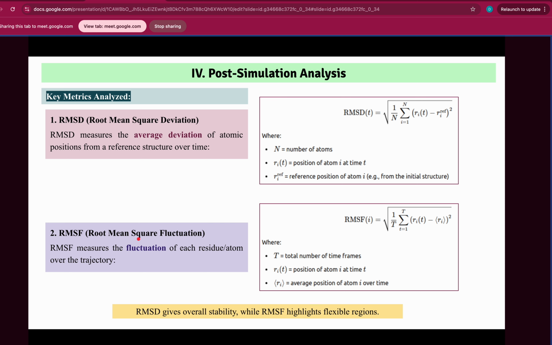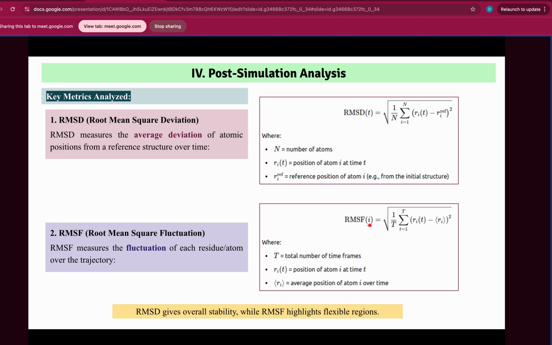Then comes RMSF, which is root mean square fluctuation. This measures the fluctuation of each residue or atom over the trajectory. Previously, RMSD was at time t, for the entire protein, considering atoms from 1 to N, whereas RMSF is given for each atom.